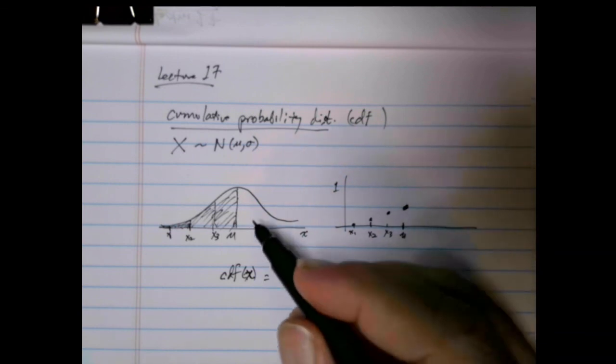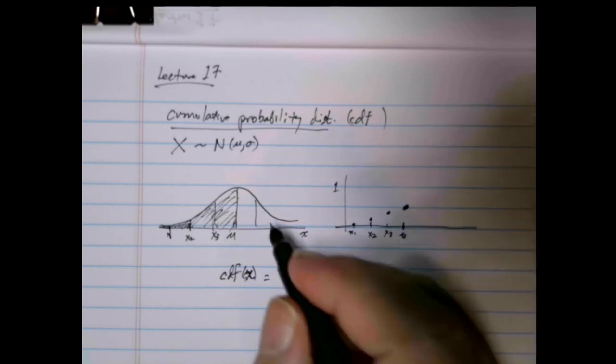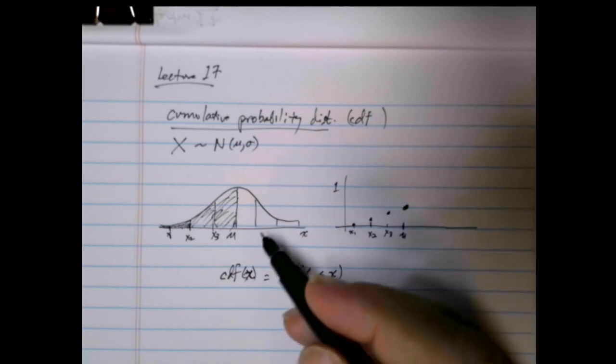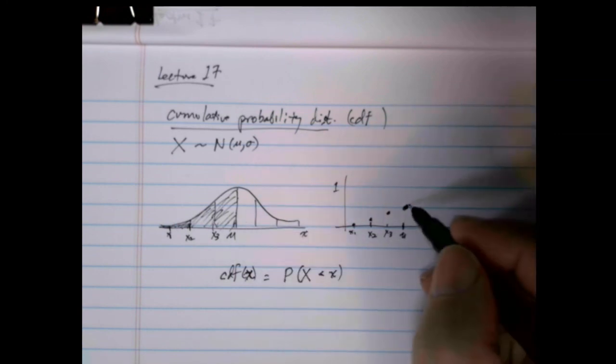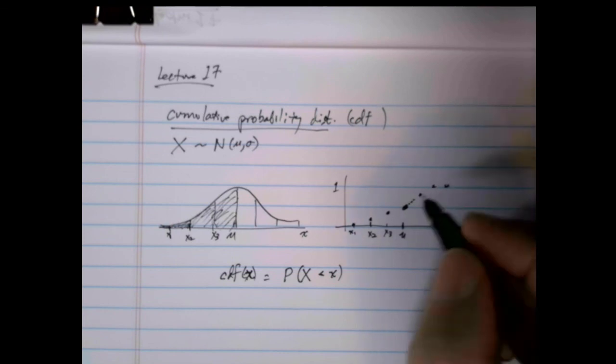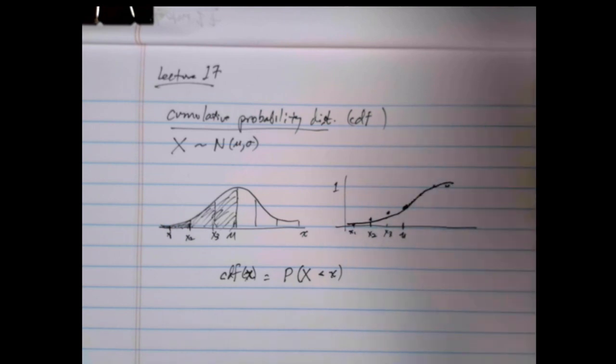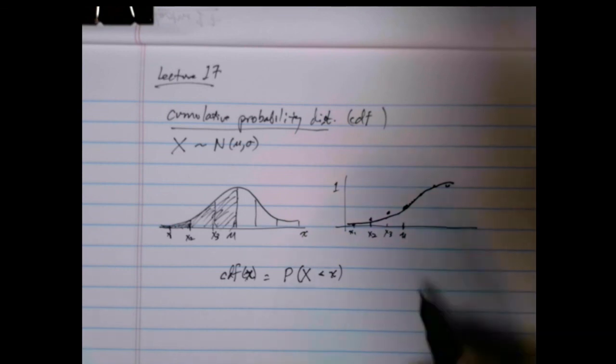All right? And if we just keep going on, this thing keeps increasing because we're always adding more probability, more area, right? And it's going to look kind of like this. There are going to be values here, here, here. It's going to look like this. I didn't do a very good job of sketching it there, but that's the idea.